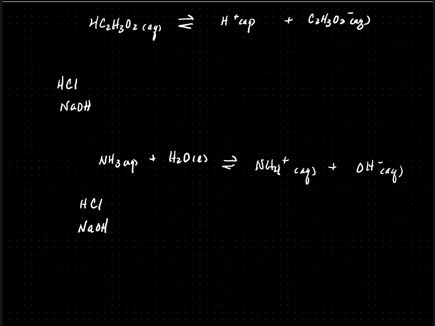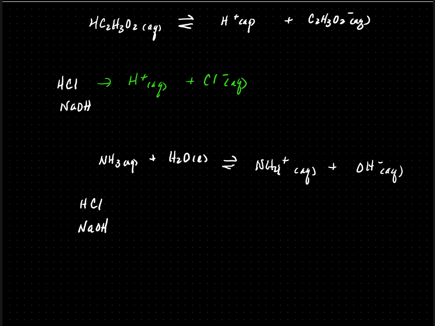We have a weak acid and it partially ionizes or dissociates into H+ (aq) and C2H3O2- (aq). We're going to add a strong acid such as HCl. When I add a strong acid, we already know that it breaks down 100% into H+ and Cl-.